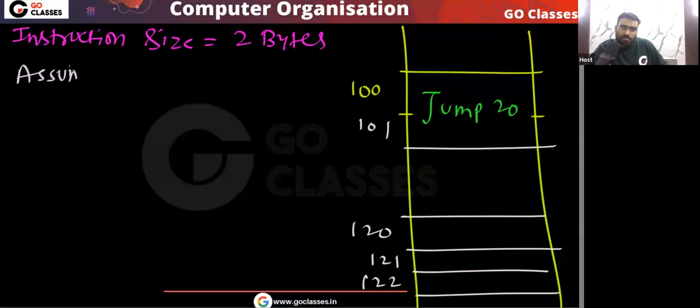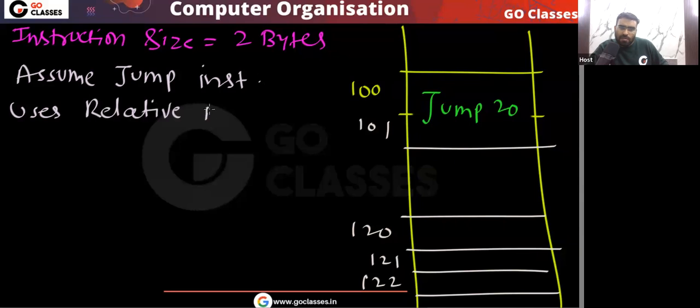Assume the jump instruction uses relative addressing mode. It is given to you that the jump instruction is using relative addressing mode.